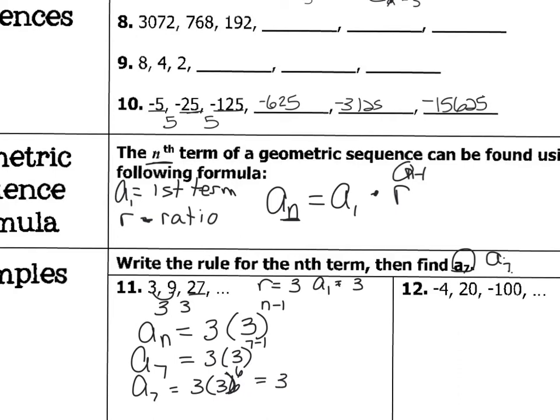What's 3 to the 6th? It's 729, and times 3 is 2187. So your 7th term in this sequence is 2187.